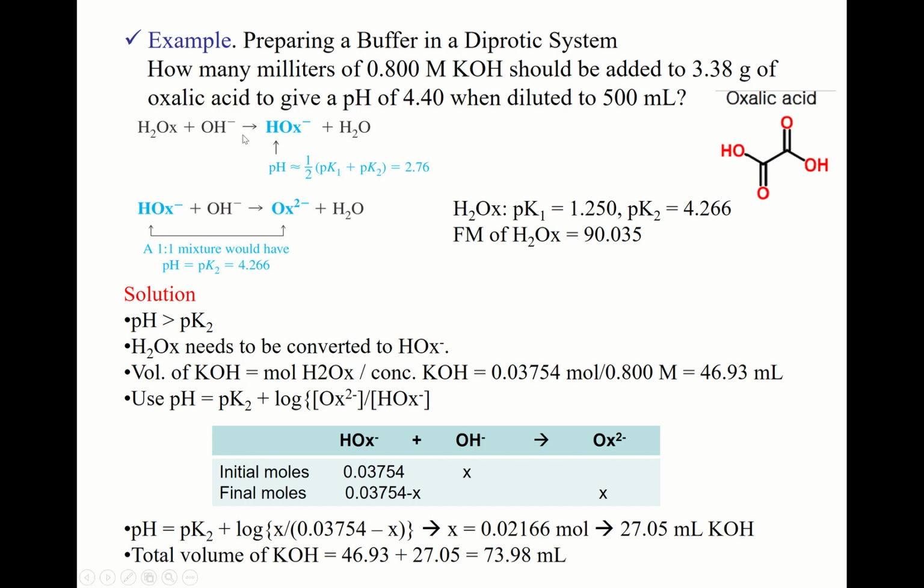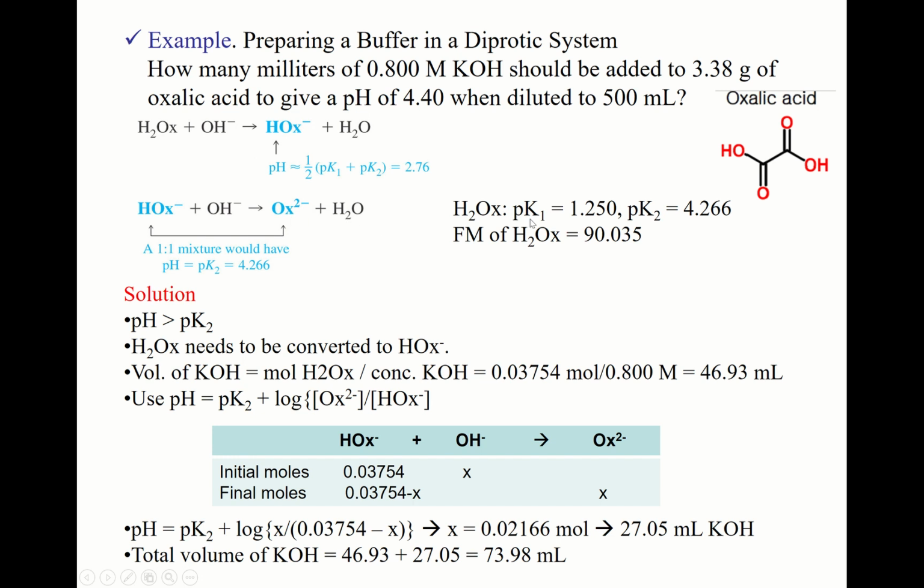Here the oxalic acid structure is like that. It is a diprotic acid because there are two protons to be dissociated, so it undergoes dissociation stepwise. The first one: oxalic acid dissociates into hydrogen oxalate, and then to oxalate.